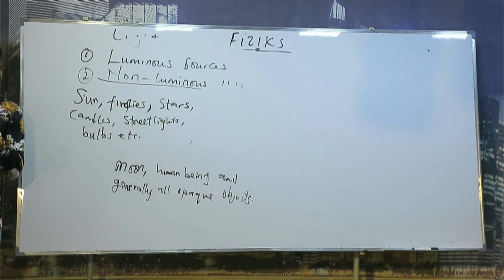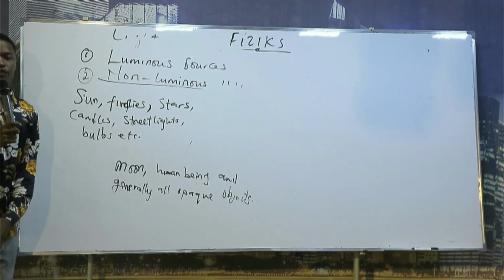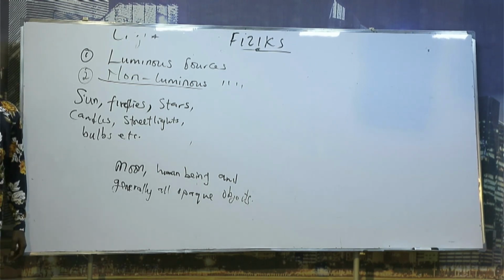So any opaque object you can see is an example of a non-luminous object.